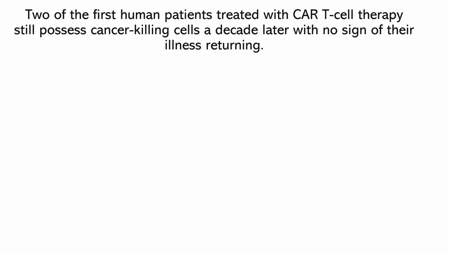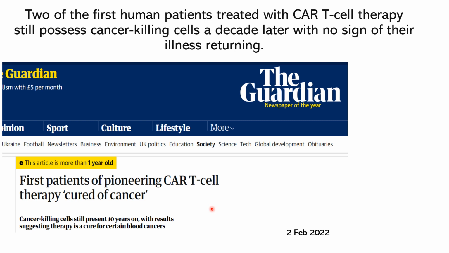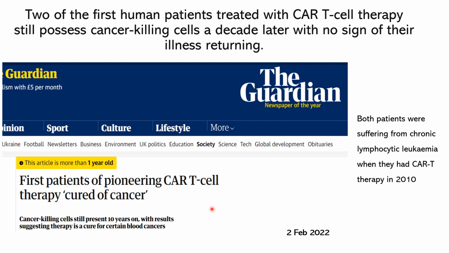Despite all these disadvantages, this therapy holds a very promising future and has shown very promising results as well. In 2022, The Guardian published that two of the very first human beings who suffered from leukemia and were treated with CAR T therapy back in 2010 were still healthy until the day that news was published, and there was no sign of their leukemia returning, so they are potentially cured from cancer.